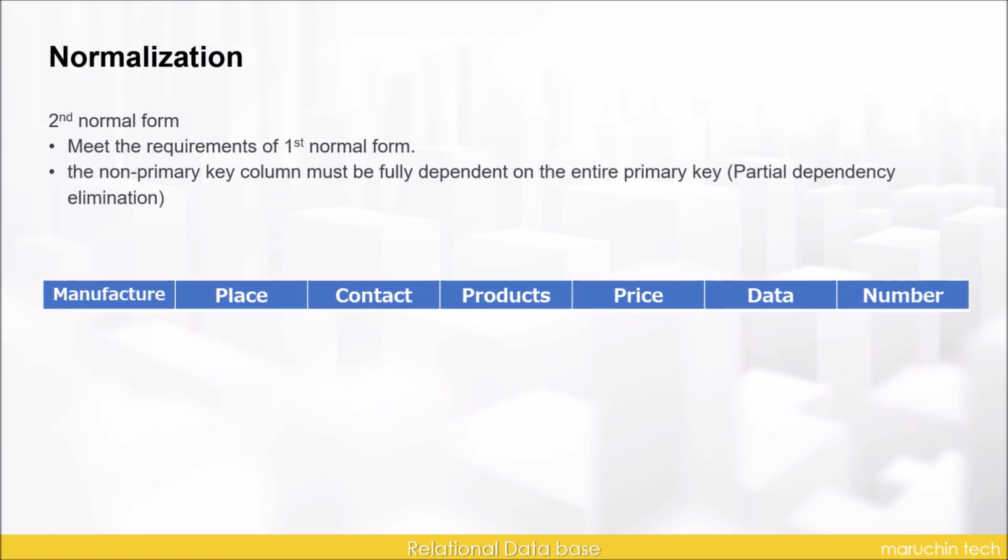Next, in the second normal form, in addition to the first normal form, a condition is added that the non-primary key column must be fully dependent on the entire primary key, and this is called partial dependency elimination. In this case, the dependency is between the manufacturer and the place of manufacturing and the contact information.